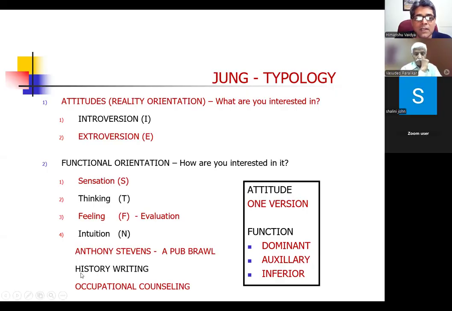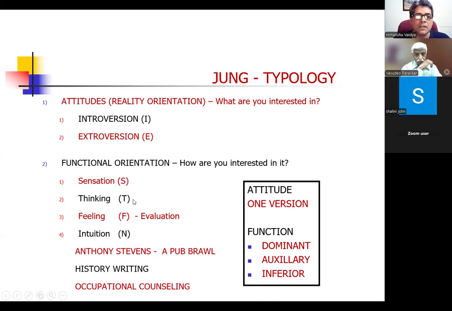So, what Jung says is that all of us have four functions, but one of them is dominant. And in order to balance the dominant, another function which is completely unlike that function, almost an opposite of it, becomes auxiliary. So, for example, if somebody is sensation type, sensation is dominant, then for that person, intuition will be the auxiliary.